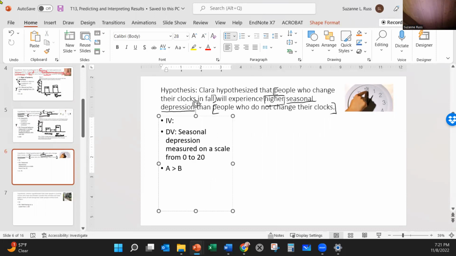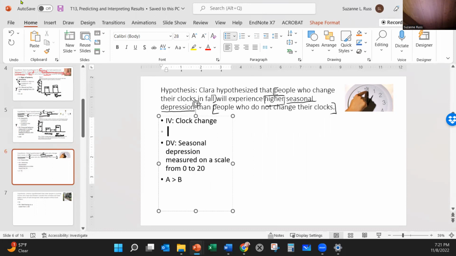And so let's put clock change or time change or something like that. We can always clarify the words, and let's put condition A. And we're going to say change clocks.